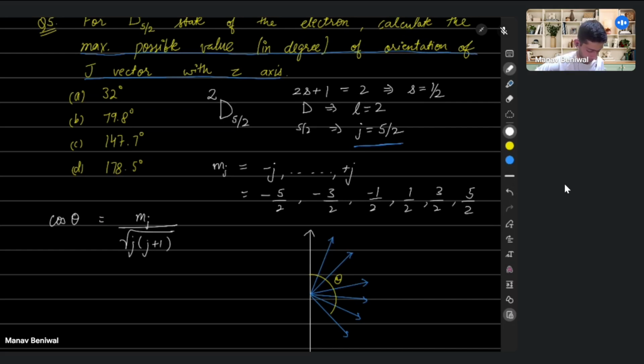So let's solve this. mj over 5 by 2, and j plus 1 will be 7 by 2. Take a root here. So this will become 2mj over under root 35.